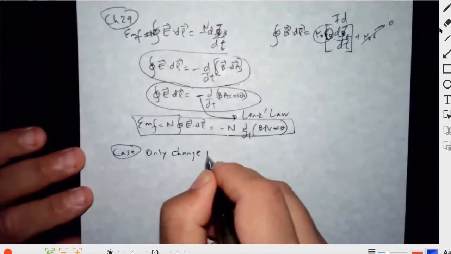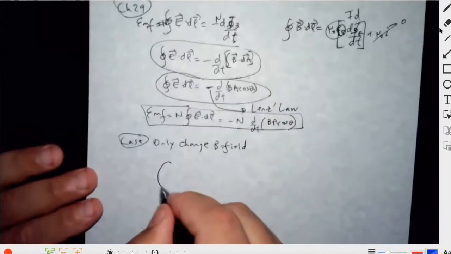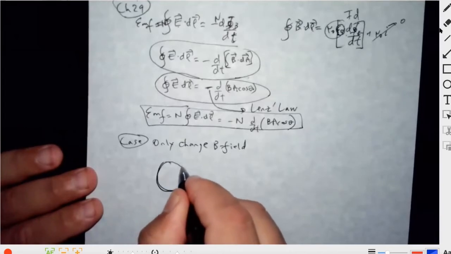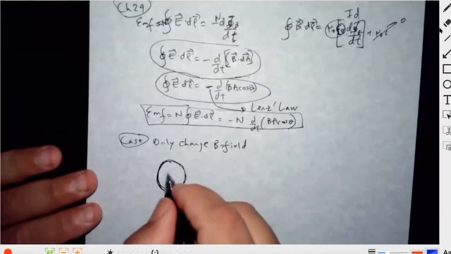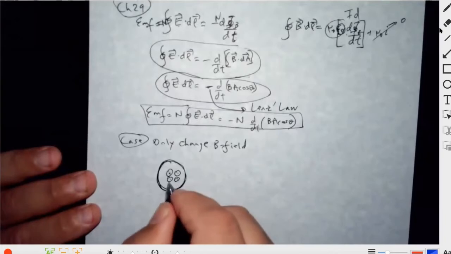B field. So let's say you have a wire here. We're looking at the cross-sectional area of the wire. Now let's say you have an original B field out of the board.